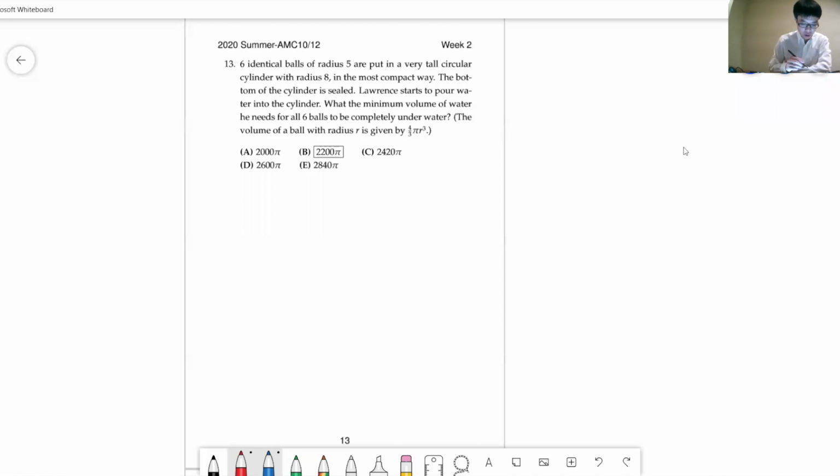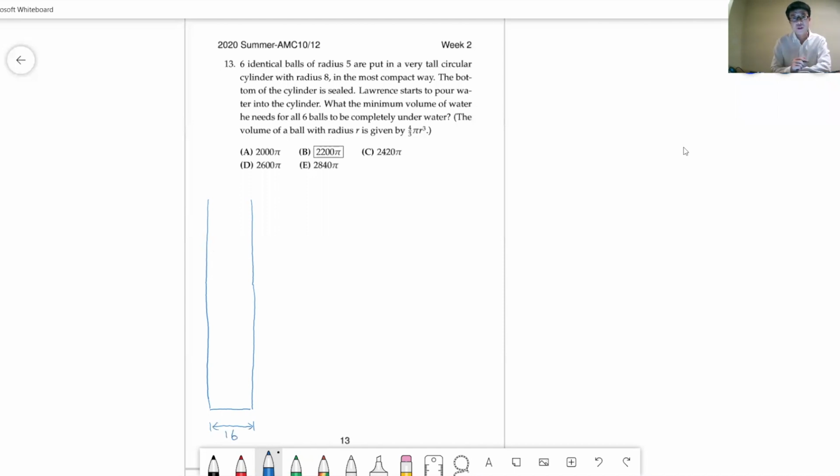Okay, let me draw this picture. Let me try to draw the cylinder of radius 8. So the radius is 8. That means the diameter is 16.